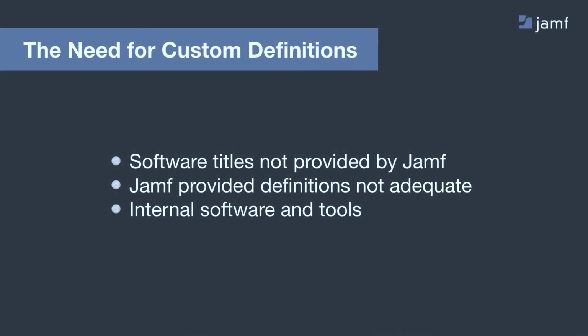And then the other big one is that there's plenty of internal tools that you track, and you want to be able to build reports off of them. The patch reporting features are really great for that. You don't necessarily even have to use the patch policies portion, but if you can build definitions for all your internal tools, you can then dashboard them in Jamf Pro based off the inventory data.